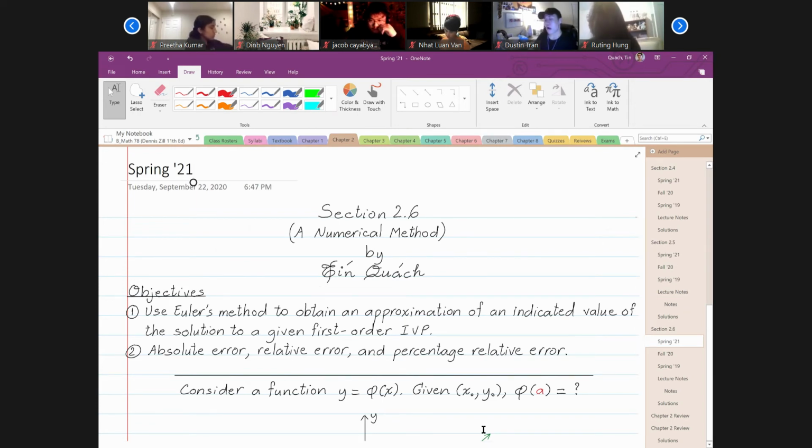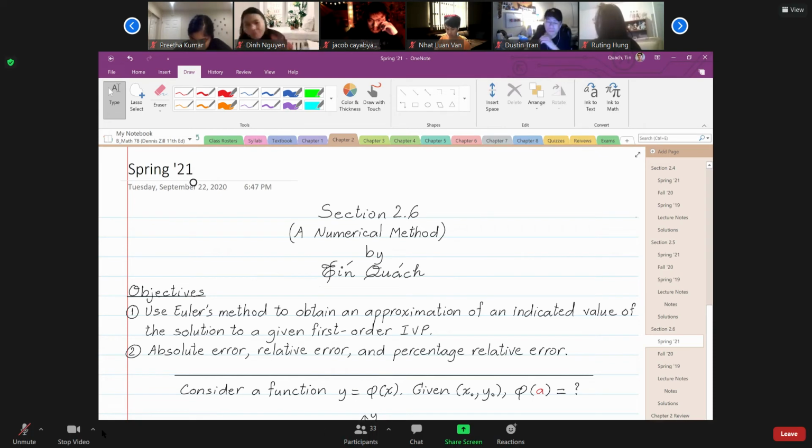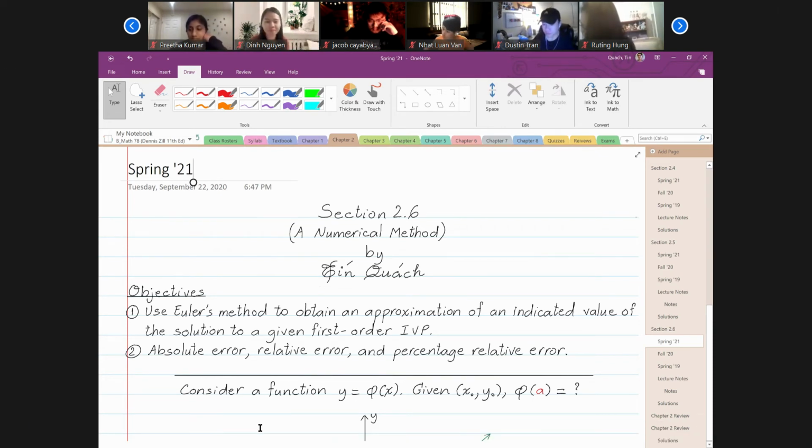Okay, so let me try to turn on the lights in the room, because sometimes during the daytime when I turn on the lights, my face is very dark. Hopefully, because of the lighting in the background, now my face is dark, right?